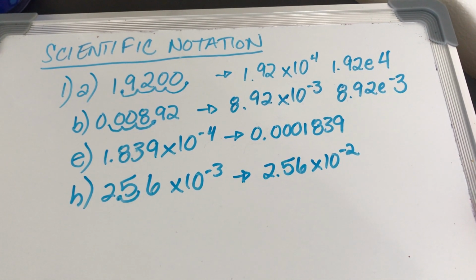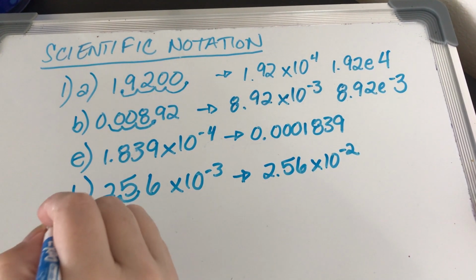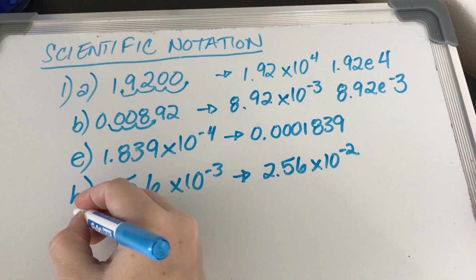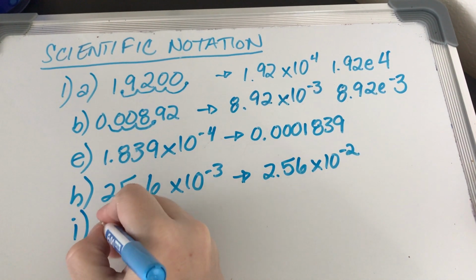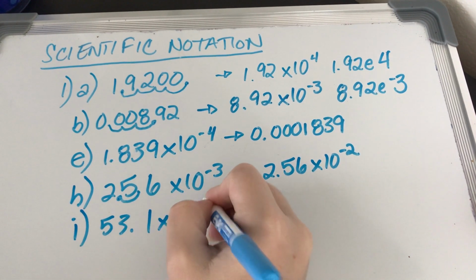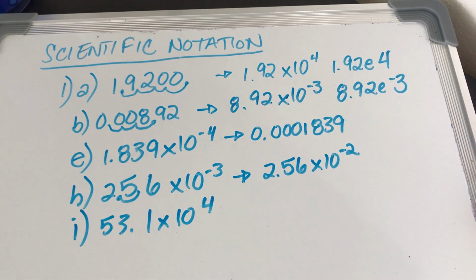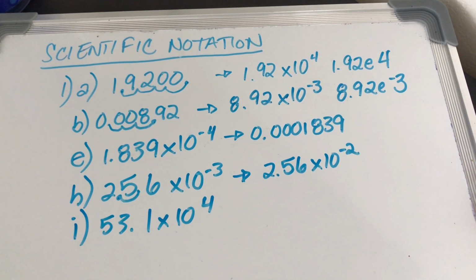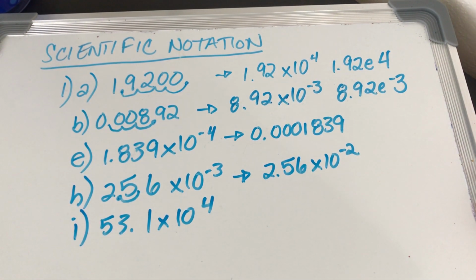So let's do one more of those, because I think they're tricksy. 53. All right. So, what do you think is going to happen to our exponent with this one? Would it increase?